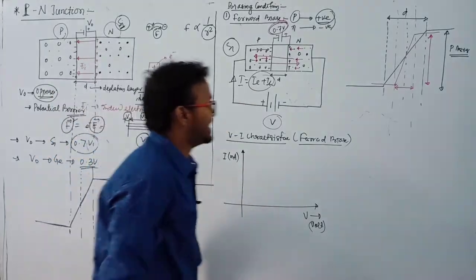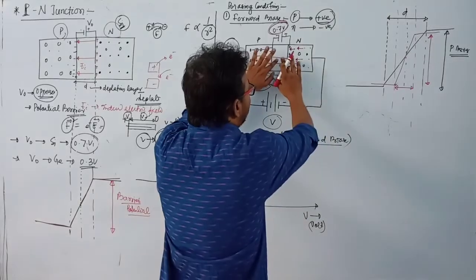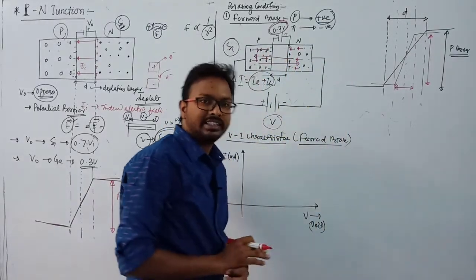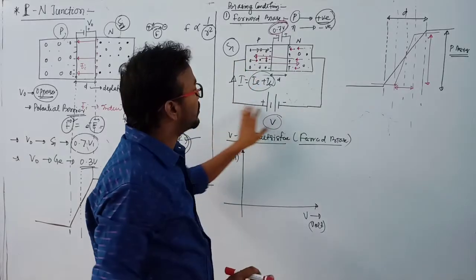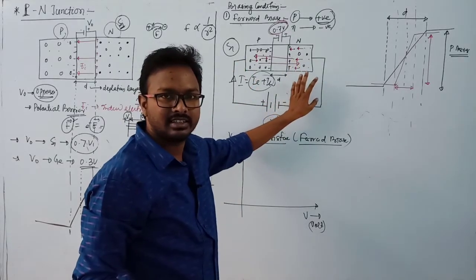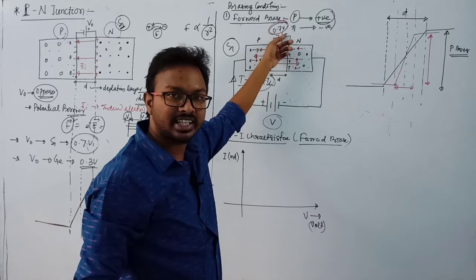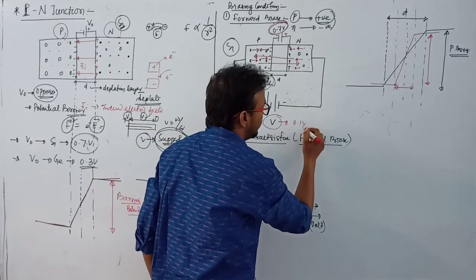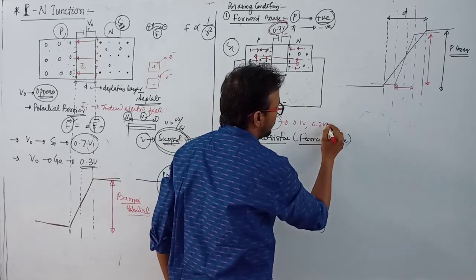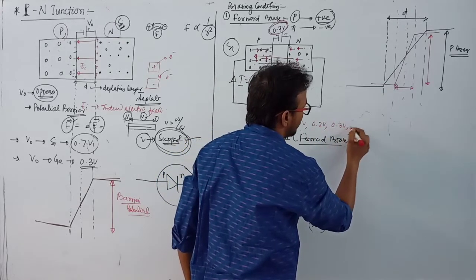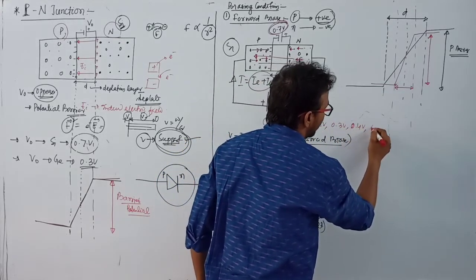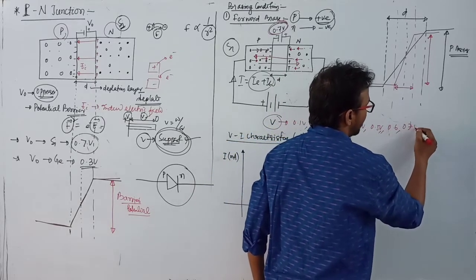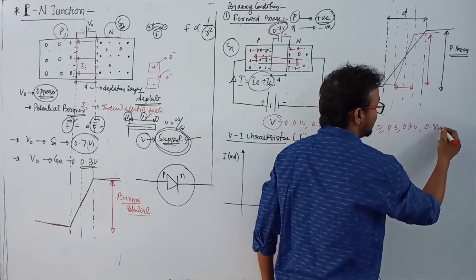Clear? But in the initial case, when the depletion layer is not completely eliminated, at that time there is no current flowing through the circuit. When will current flow through the circuit? Because we increase this potential 0.1 volt, 0.2, 0.3, 0.4, 0.5, 0.6, 0.7 volt and 0.8 volt.